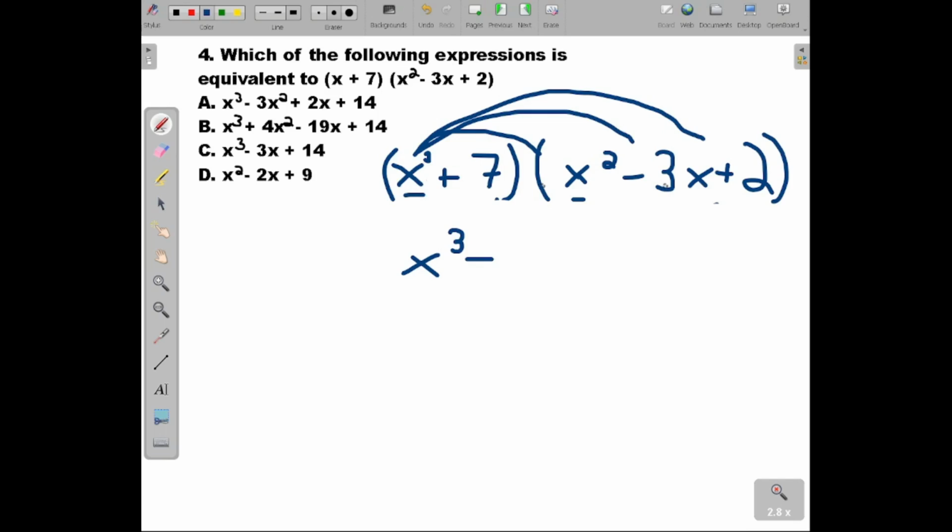X times negative 3x is negative 3x squared. We have the same base, x. We add the exponents. 1 plus 1 is 2. Plus x times 2 is 2x.